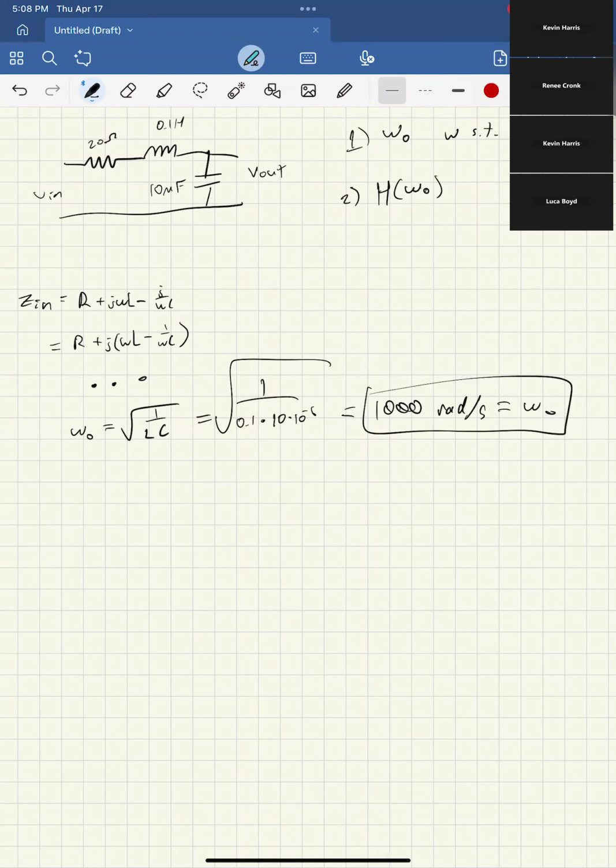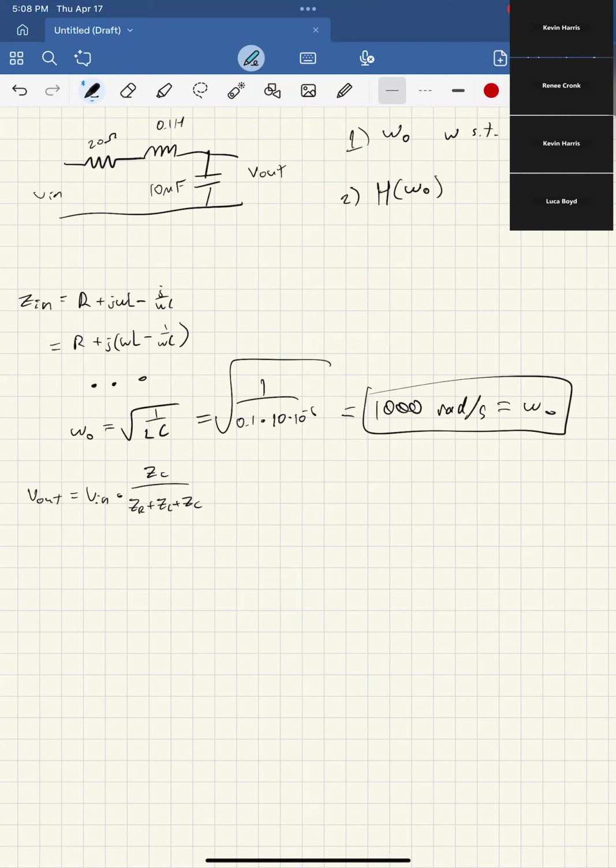And then it's asking us, okay, what is the magnitude of the transfer function at that value? So we first need to find the transfer function, and then we need to find the magnitude of the transfer function, right? So the transfer function here is going to be just the same voltage divider thing we've seen before. So remember, you can write V out equals V in times the impedance of the capacitor over the impedance of the resistor plus the impedance of the inductor plus the impedance of the capacitor, right?